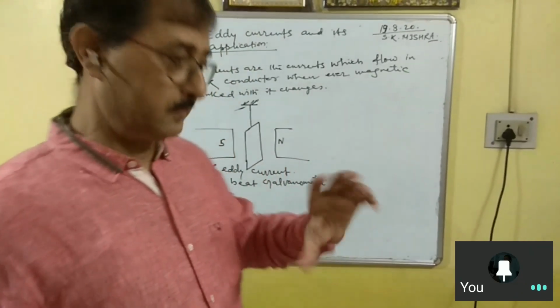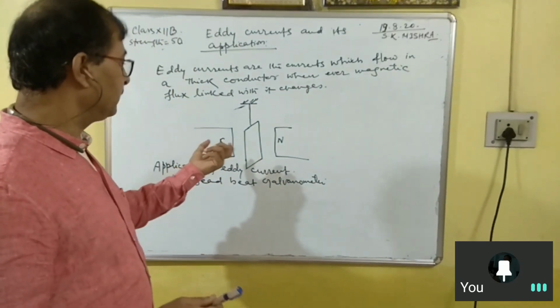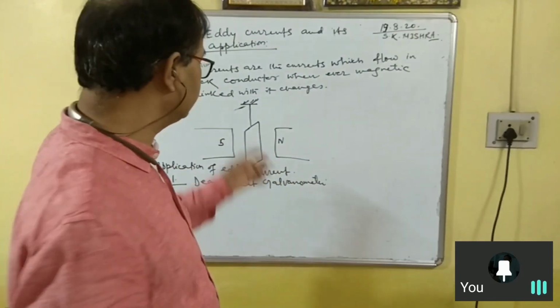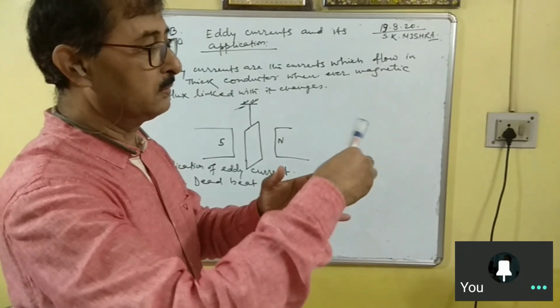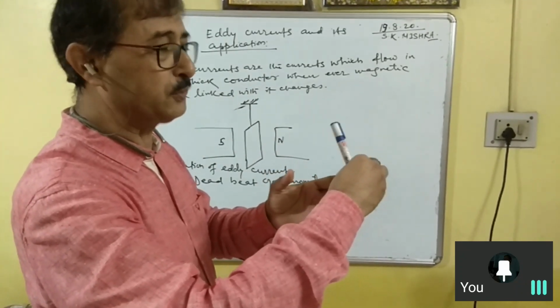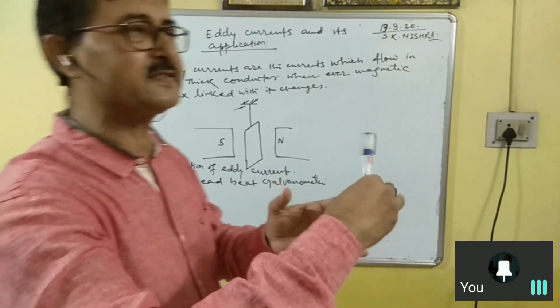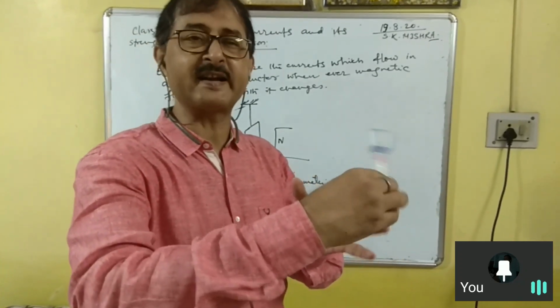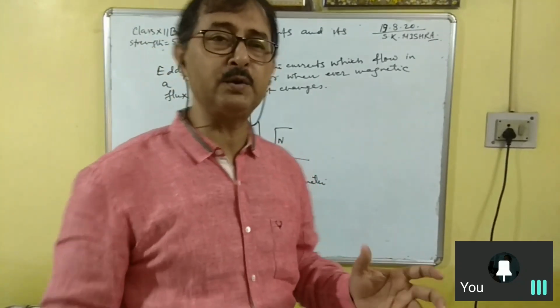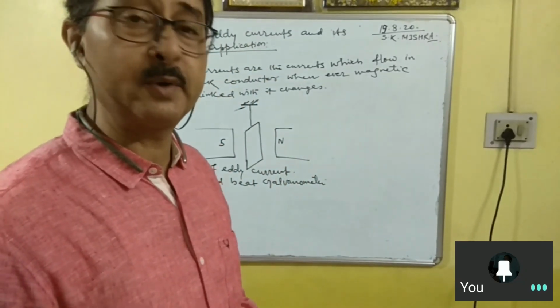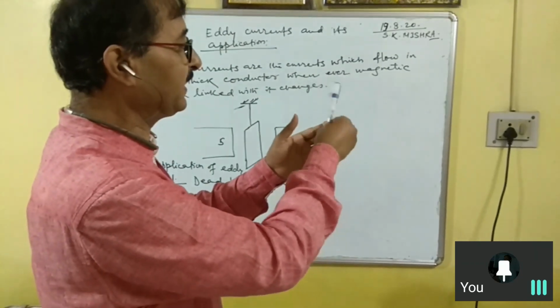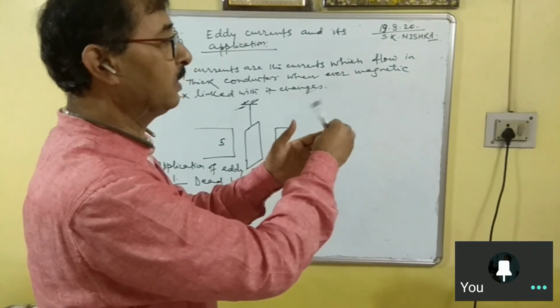Before the equilibrium is established, the coil keeps on oscillating like this for a few seconds, maybe 30 or 15 seconds, and it will be difficult for you to take the reading, because if the pointer is oscillating like this, how can you take the reading?